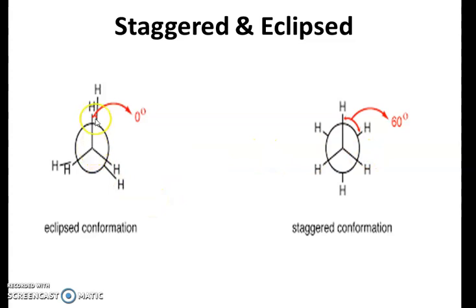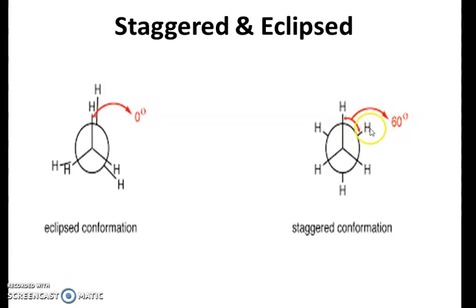Here is the front carbon with three hydrogens, and this is the rear carbon, represented as a circle, with three more hydrogens attached. Here is the carbon-carbon bond and this is a plane. How much will be the dihedral angle? It will be 0 degrees between these two planes. This is the HA bond and this is the HB bond. In this case, how much is the dihedral angle?